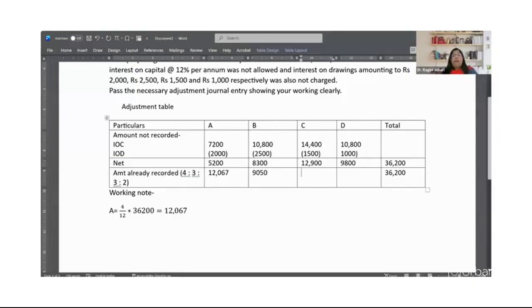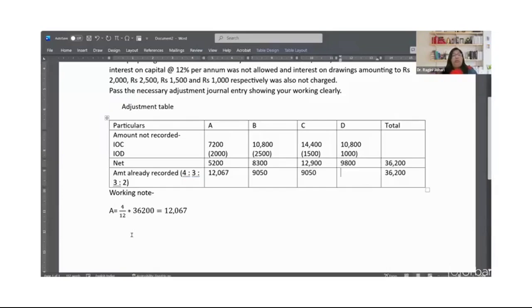And then for C, again this would be the same amount, 9050, because the ratio remains the same.